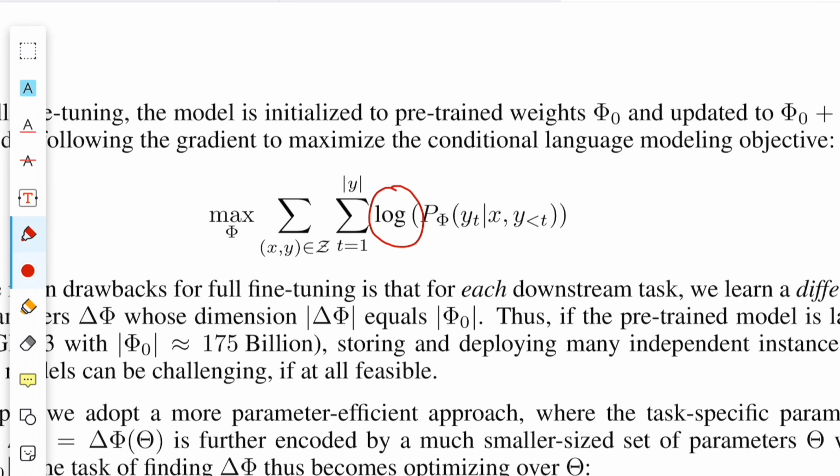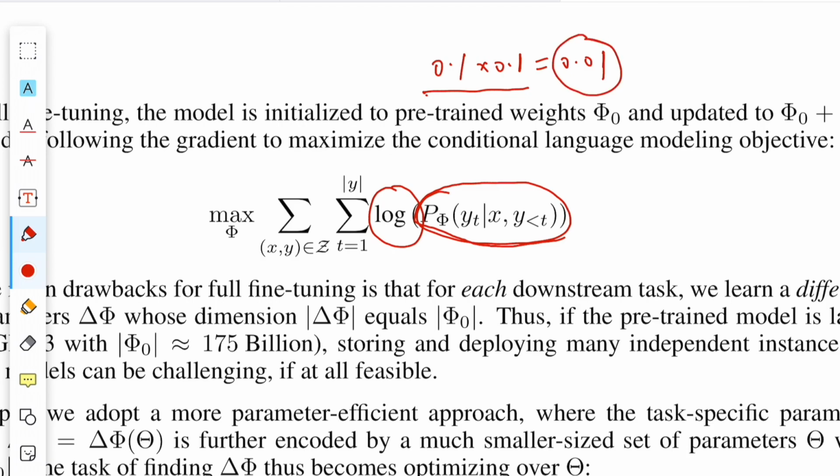Because this value is a decimal. Let me give an example. 0.1 multiplied by 0.1 equals 0.01. As you can see, when two decimals are multiplied, we get a smaller value. But we can use a log function to make the value bigger, so our computer can handle it.